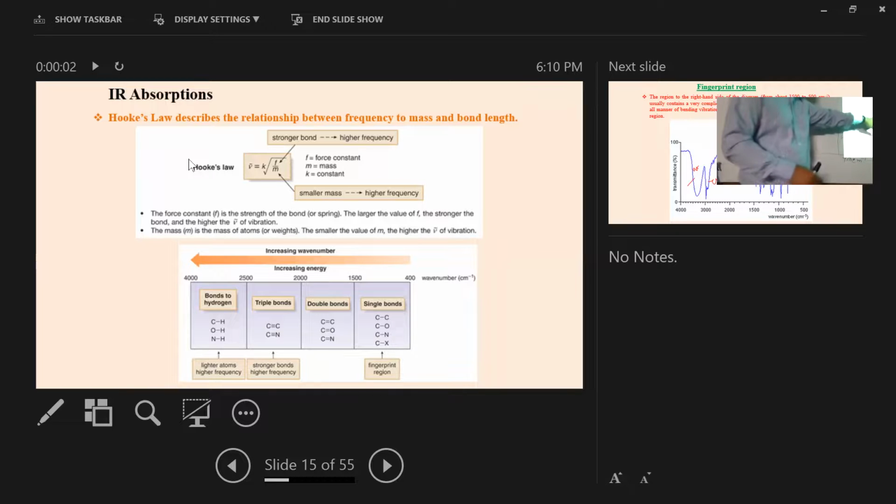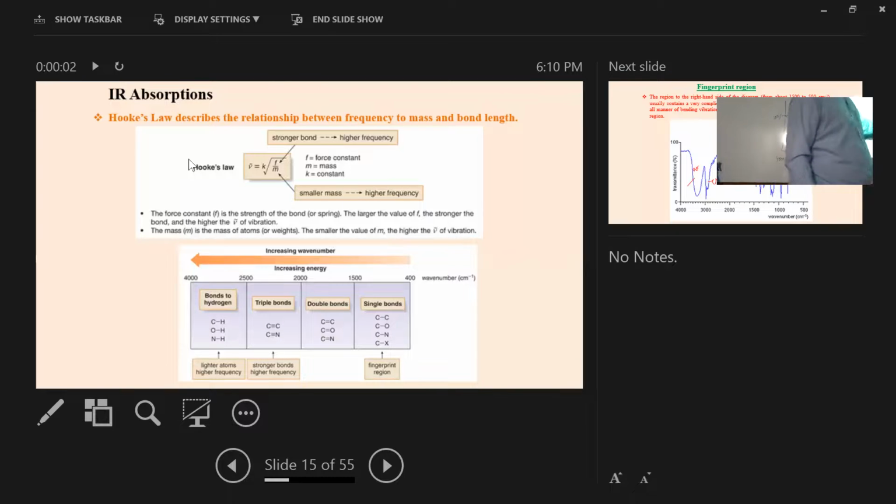That means for any heavier molecule, the absorption frequency will be low, and for a molecule with strong attractions or a very large force constant, the attraction force is high, and therefore the absorption frequency will be very large. Very large absorption frequency means you need very high energy. If you consider 400 and 4000, the energy for the 400 wave number is very low, at least 10 times lower.